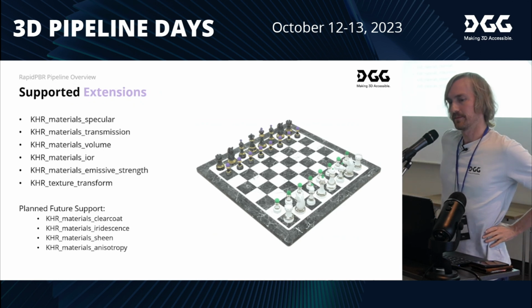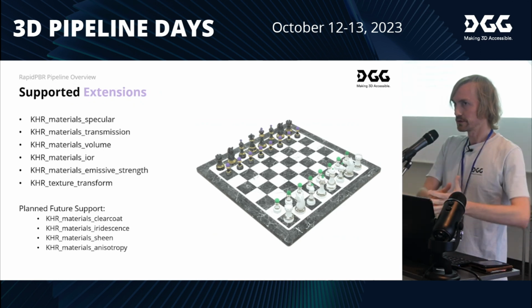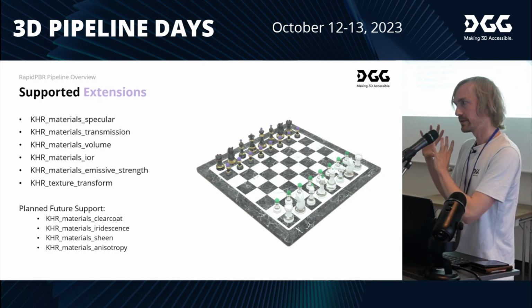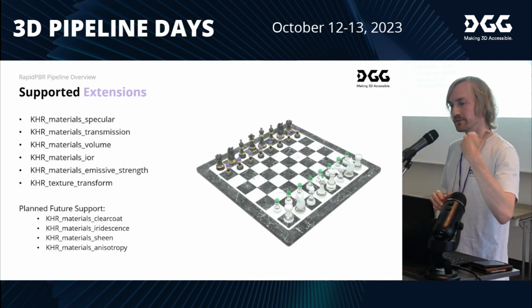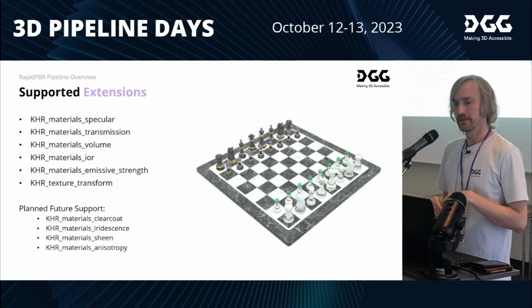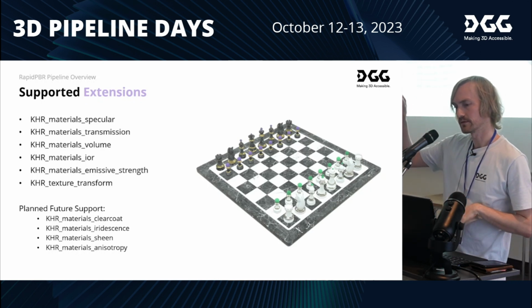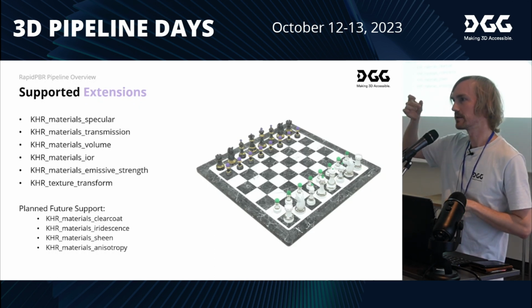Another thing we looked into in the context of materials, which is what this pipeline is ultimately about, is supporting different extensions in the GLTF model in order to enable different effects. For example, transmission and volume. Here's this chess model, and you can see that some of these chess figures, like the pawns, have little heads made out of glass.